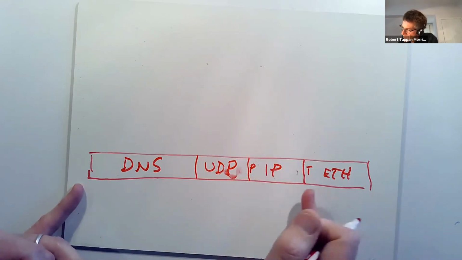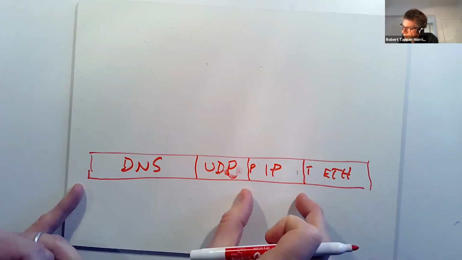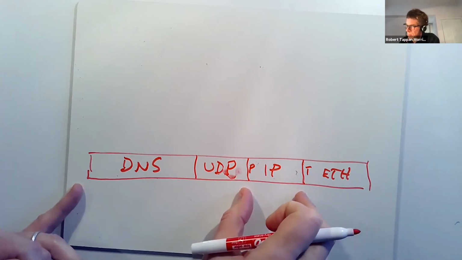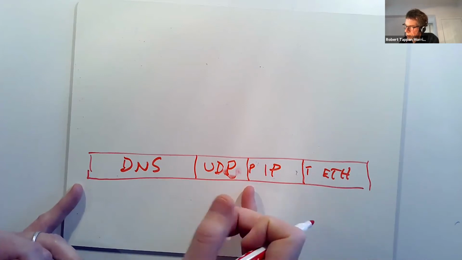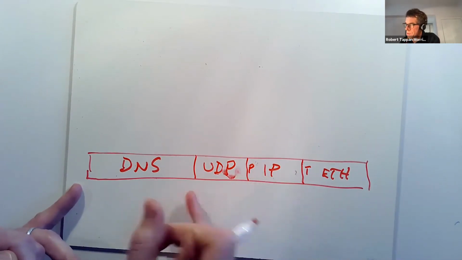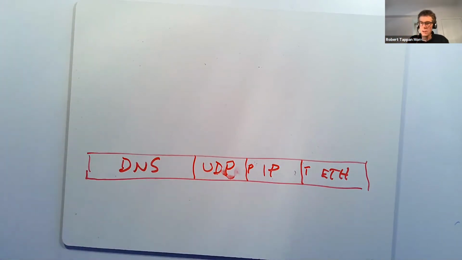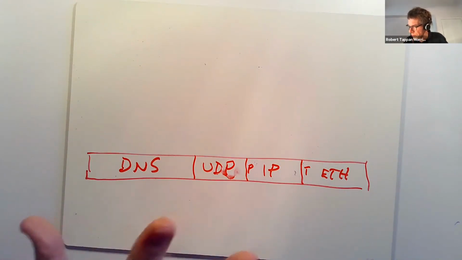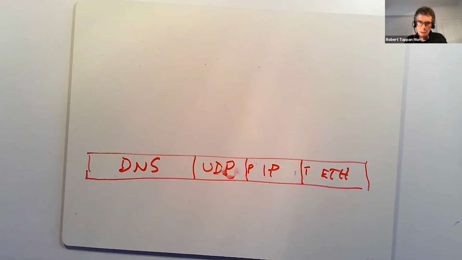And so the software will look at each header, validate it, strip it off, revealing the next header, check that header, interpret it, figure out what it means, strip it off, revealing the next, and hand it on to the next layer of software. I'll talk a bit more about this, but this is a universal way of looking at these nested packet headers.